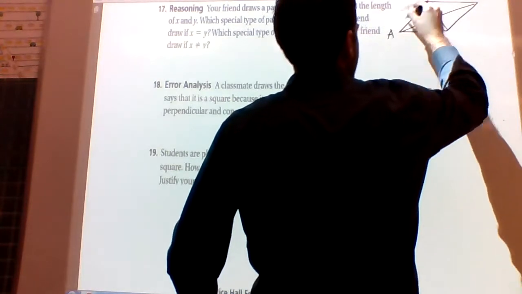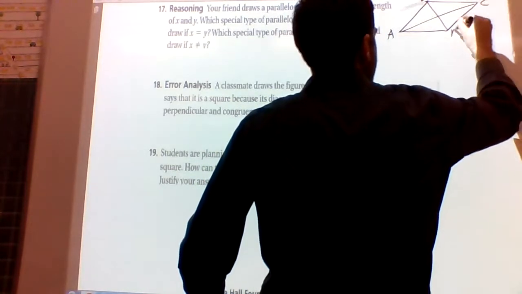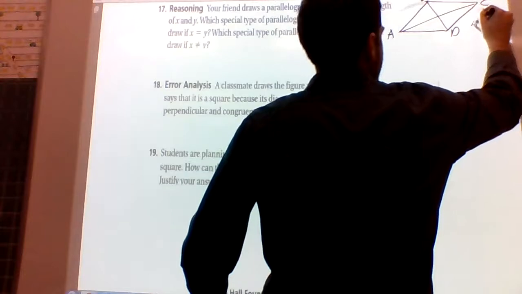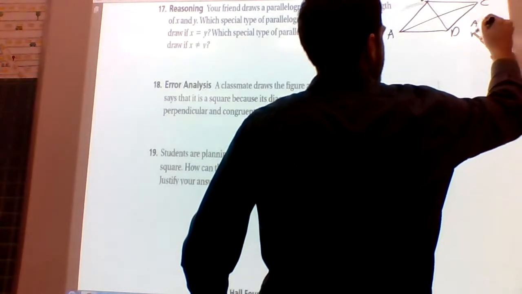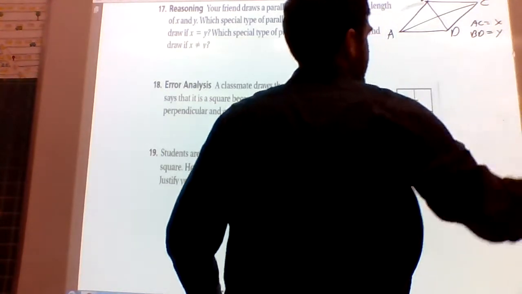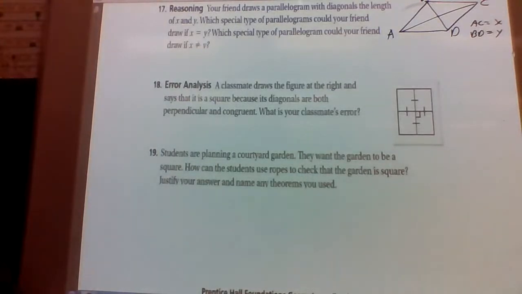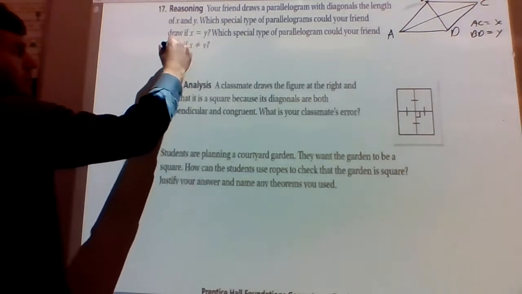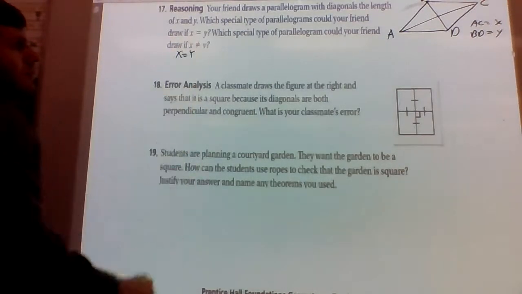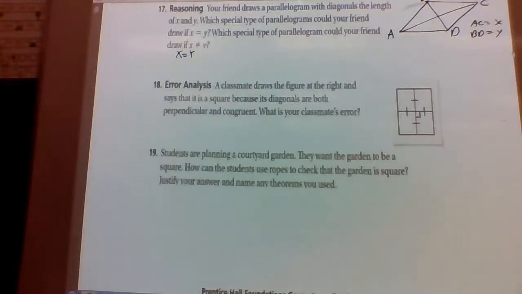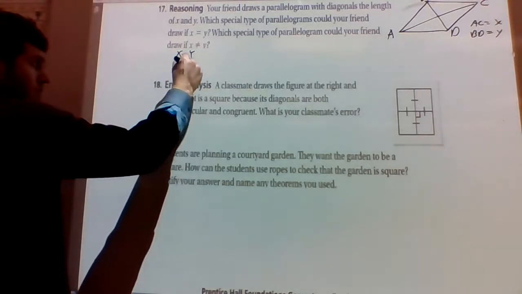So let's just say A, B, C, D. So AC equals x, BD equals y. Which special type of parallelogram could your friend draw if x equals y? So we have two scenarios. The first scenario is x equals y. The second is, which special type of parallelogram could your friend draw if x did not equal y?